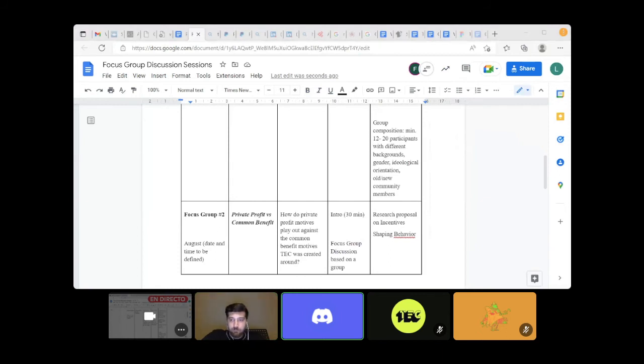The idea is to get a broad picture of opinions within the community. If we have a focus group and everyone has the same opinion, why do we have this focus group?